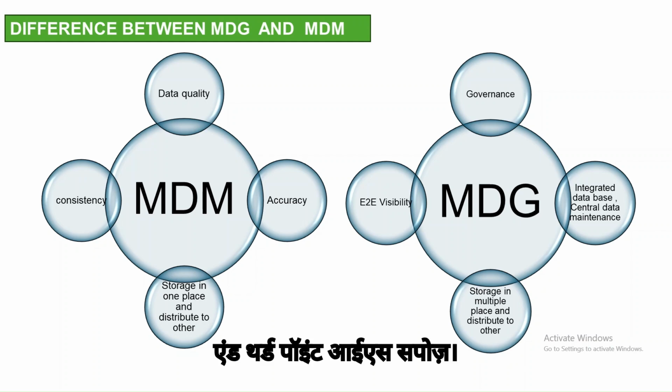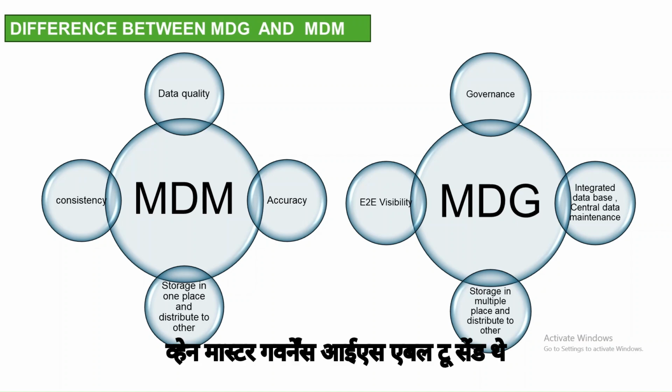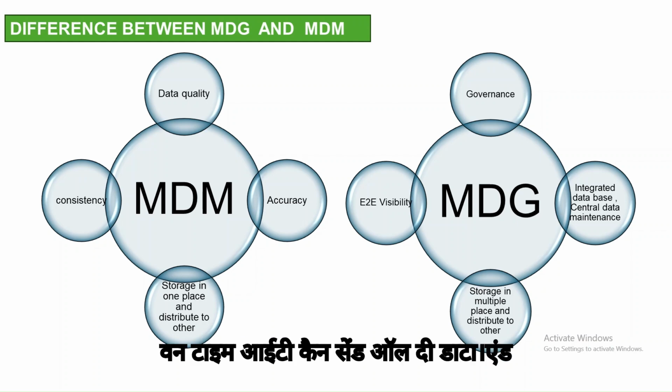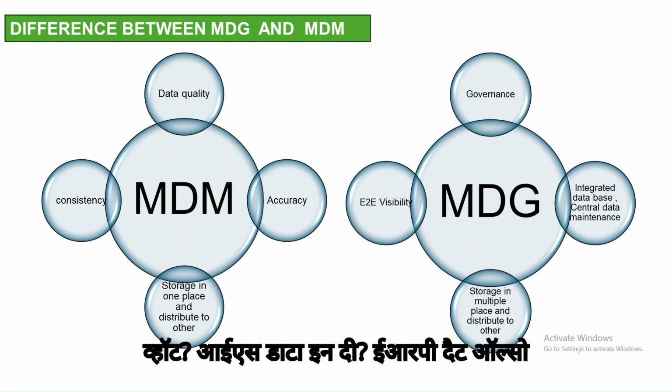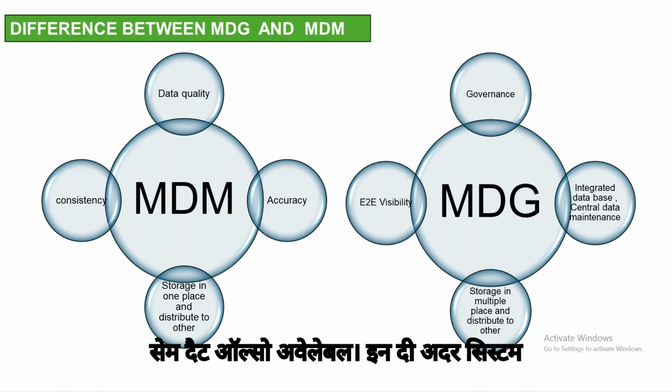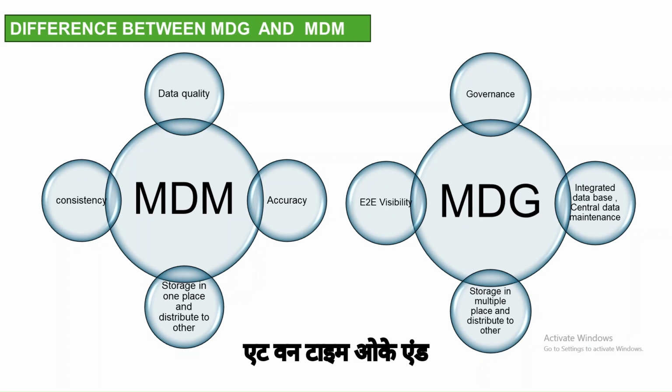And third, master data governance is able to send the data to all the systems, like ERP and your legacy systems like CRM, at one time. The same data that is in the ERP is also available in the other systems at one time.